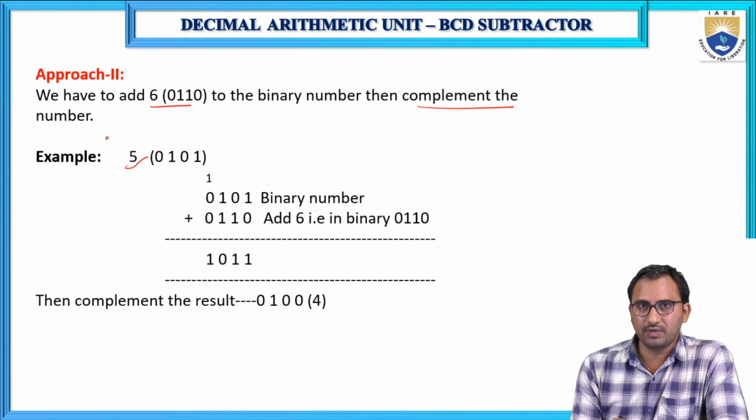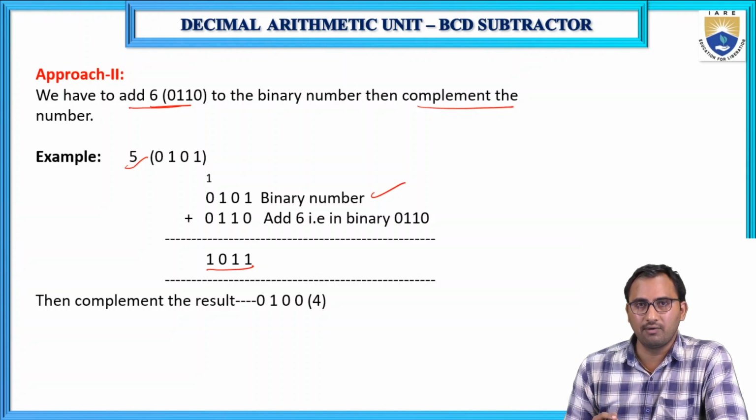In the second approach, the first step is to add 6. The given number is 0101. To that number, I am adding 6, 0110. So I got 1011. Okay. That result we have to complement in order to get the 9's complemented value. So after complementing, what will you get?